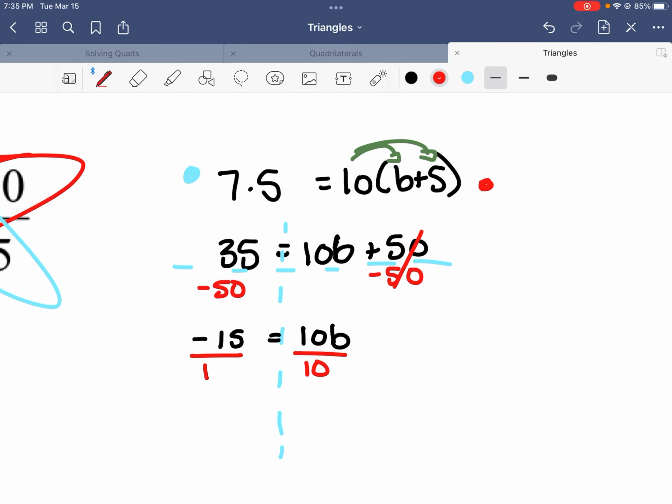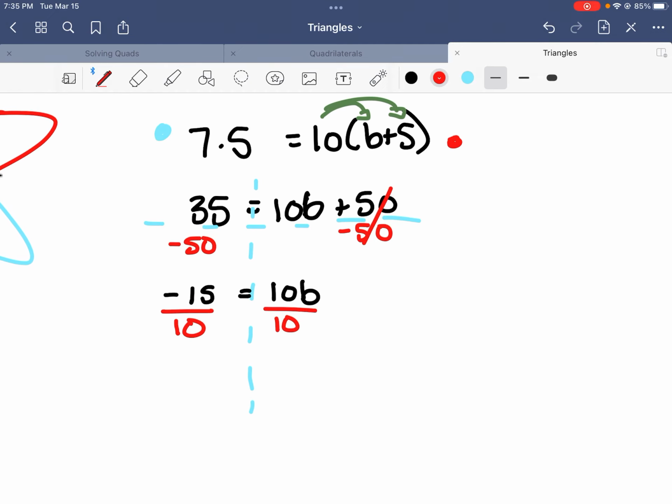And what I do to one side, I do to the other side. So over here I get negative 15 divided by 10. 10 divided by 10, or any number divided by itself, is a 1. So I'm going to make a giant 1 right here. This is equal to b.